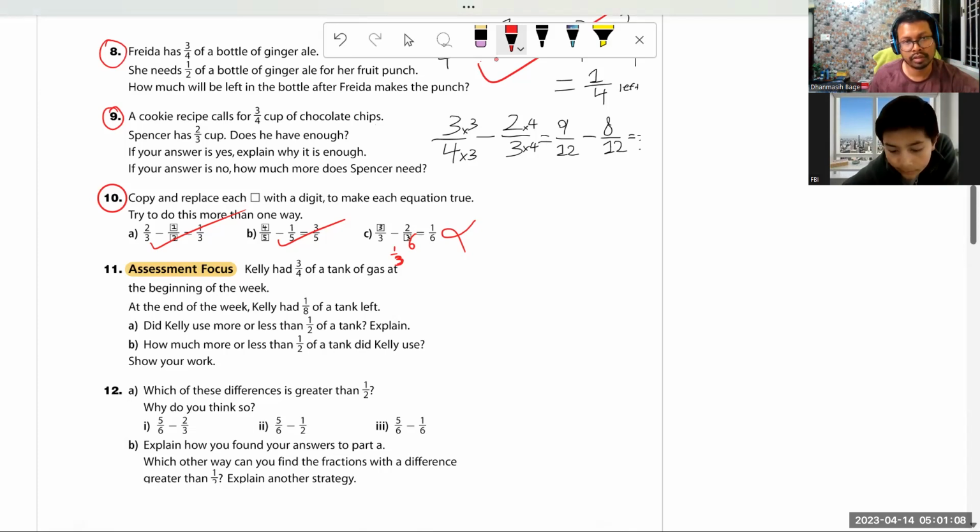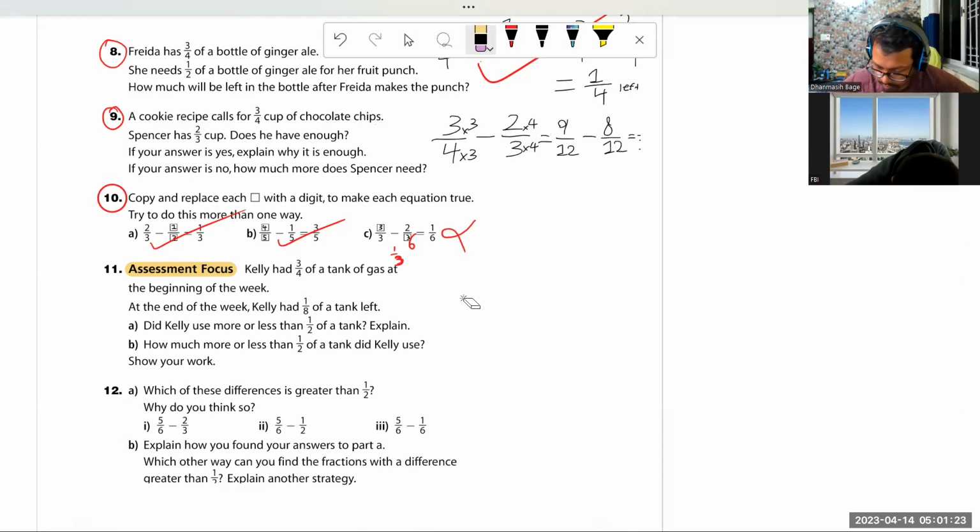Hmm. Oh, I think it won't work. Let me just see. Try if this works. Let me see if it works. It doesn't work, I guess. This will be 0. No, 6 will not work.